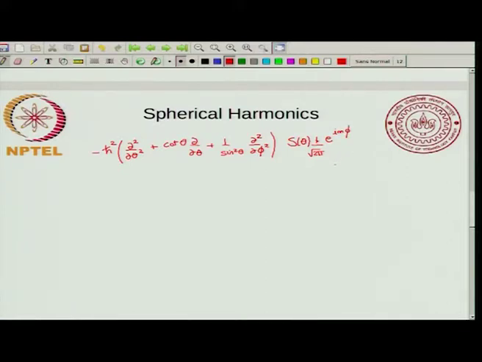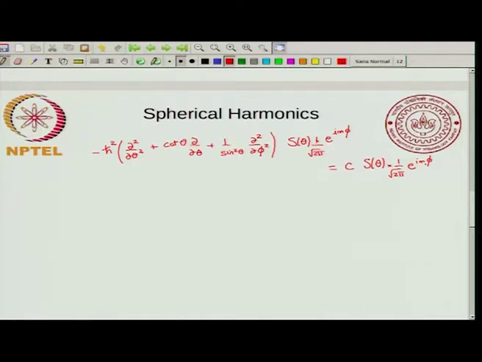Okay, and this is equal to a constant c times y itself, and y is s of theta times 1 by root 2 pi e to the i m phi. Okay, so this is our equation. This is a differential equation, and now we'll take this inside.